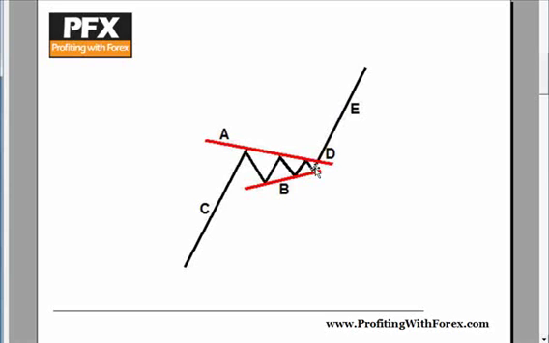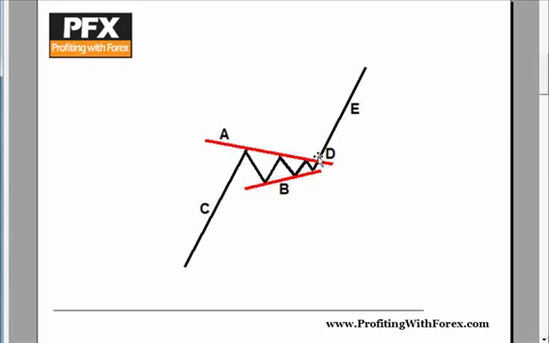And it just gets tighter and tighter until finally, boom, the price breaks out of that consolidation range and continues to move higher. Now, as it breaks out, right here where I have marked by the letter D, you have a great opportunity to enter a trade on this currency pair.